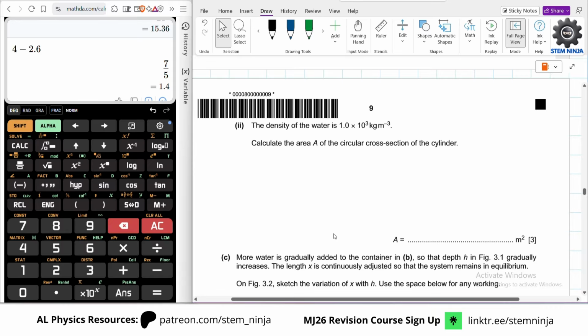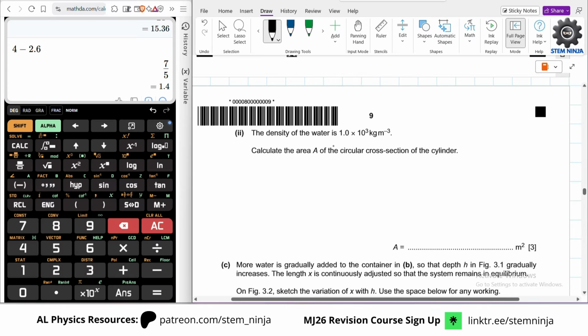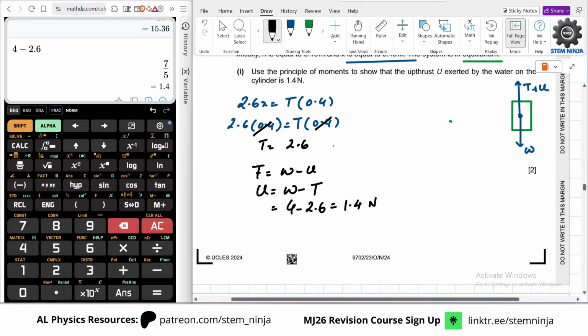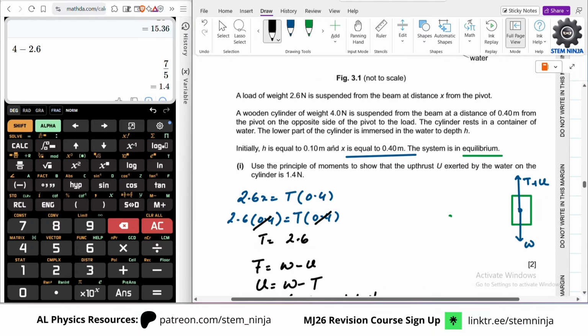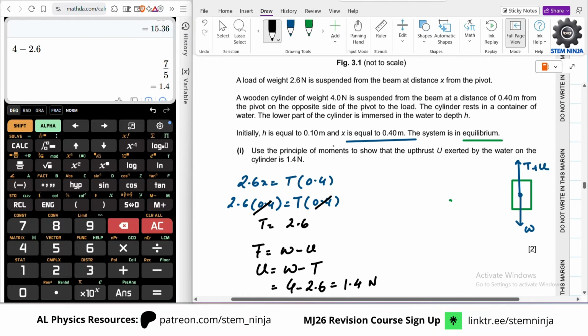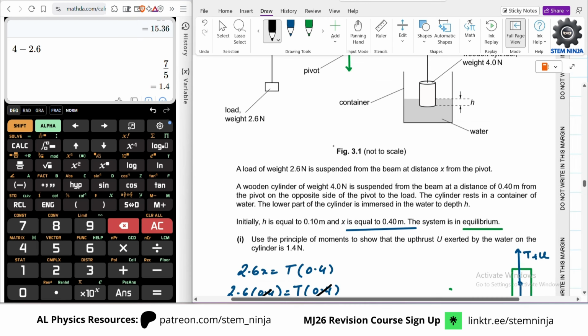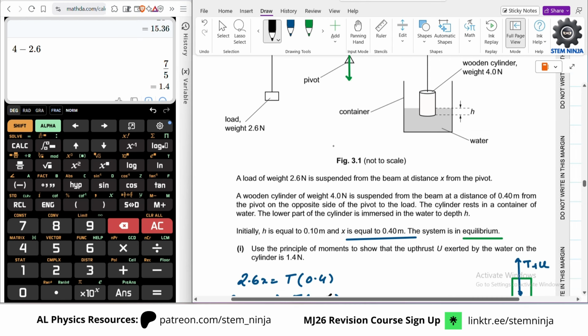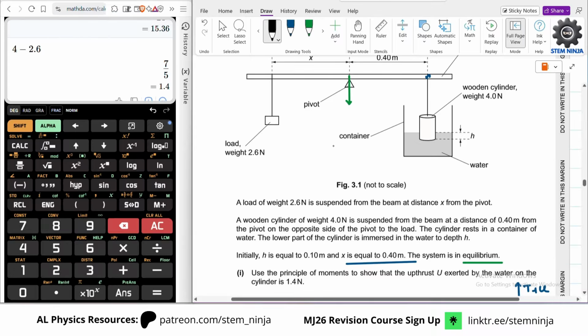The density of the water is 10 raised to the power 3 kilogram per meter cube. Calculate the area A of the cross section of the cylinder. So we have the upthrust, and the volume that's displaced will be due to this h.